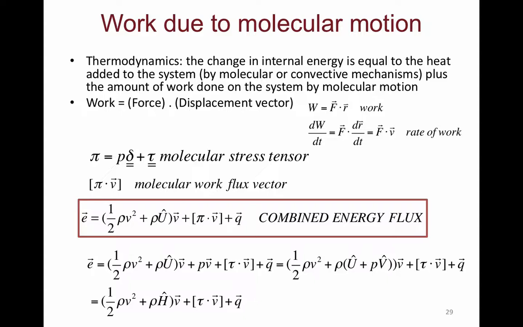Okay? So now if I actually just write this slightly differently, I can write it in the form of enthalpy if the pressure part of this molecular work flux vector is passed into this energy component. So what happens is that I have this is my total energy, okay, kinetic plus internal, plus this is PV.